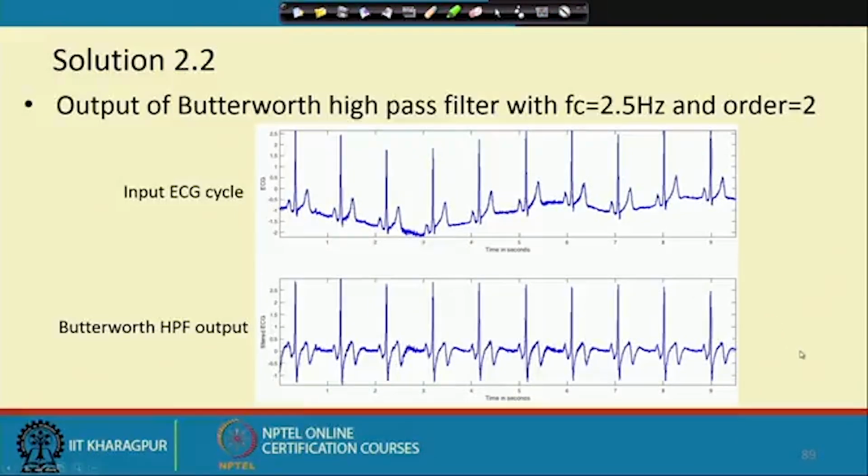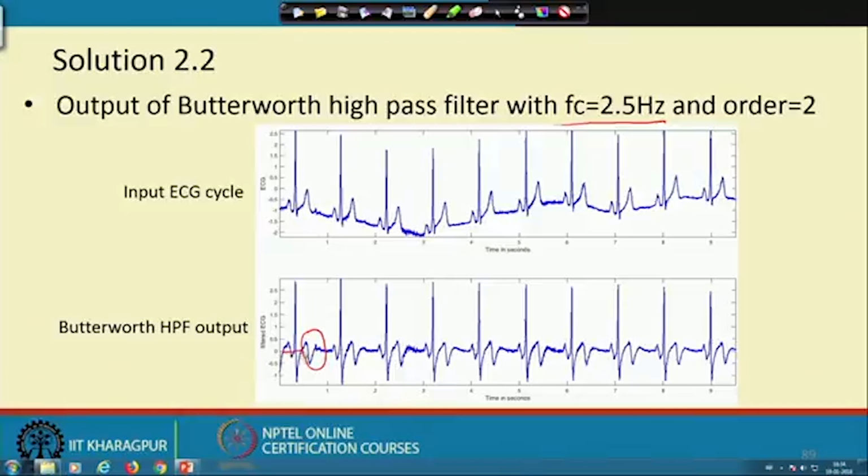Now, let us move forward. We move the cutoff frequency further away from 0, to 2.5. We see that the oscillation has moved in such a way that it looks like the T wave is almost inverted. Okay.